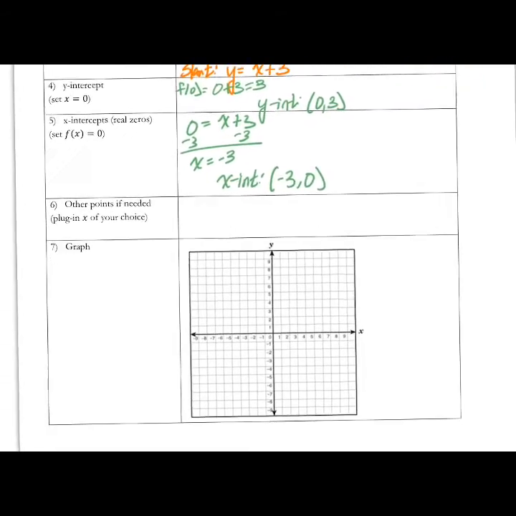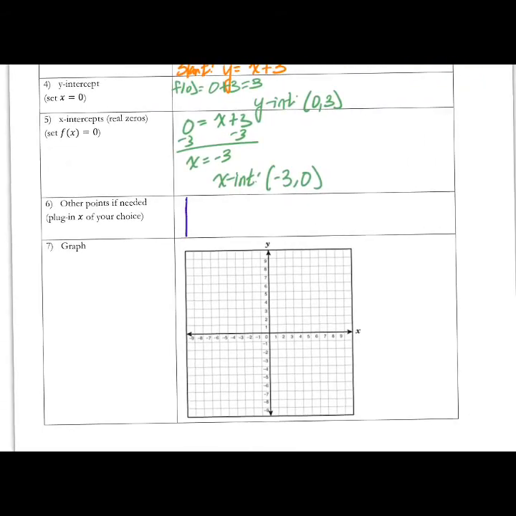In case I need some other points here. So I've got, let's see, what do I have? I have no vertical asymptote, but I have a hole and a slant asymptote at x plus 3.